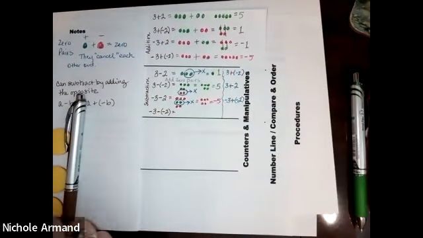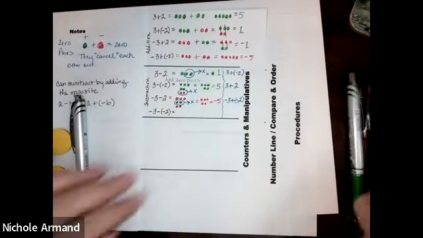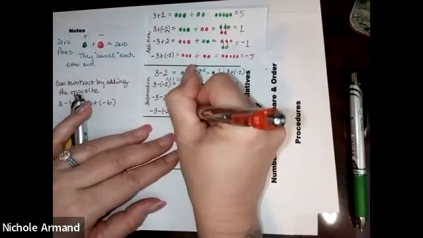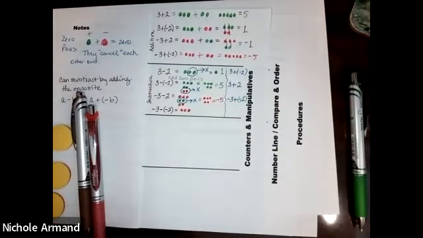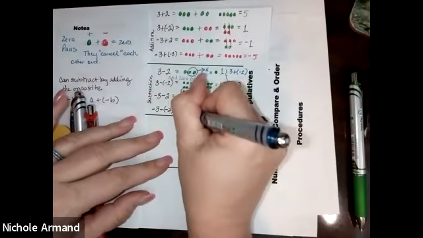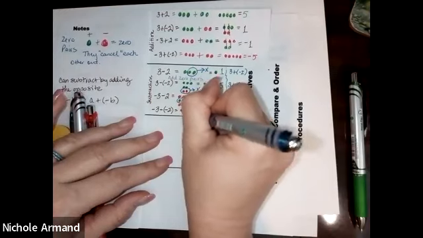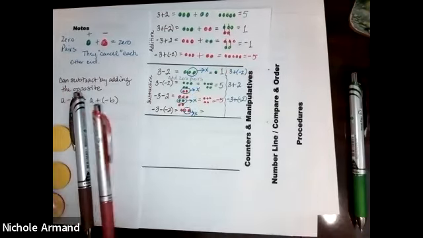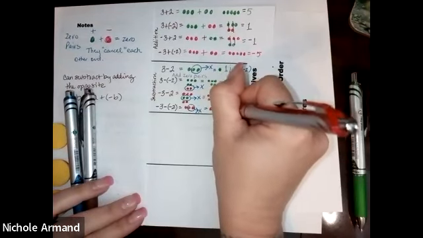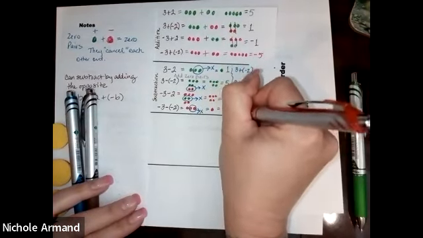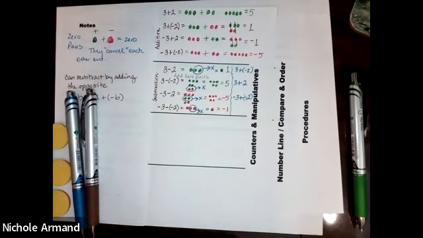We have 1, 2, 3 negative counters, and we're going to take away 2 of them. And that's going to leave us with 1 negative counter, or just -1.